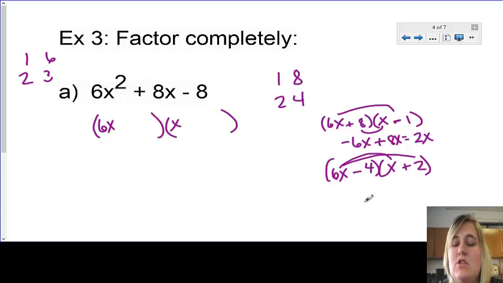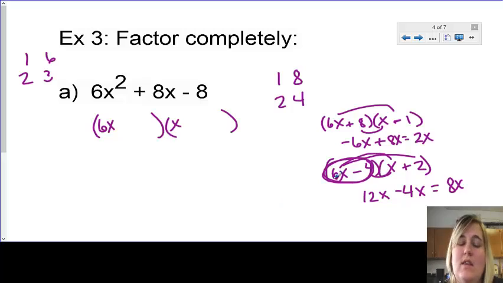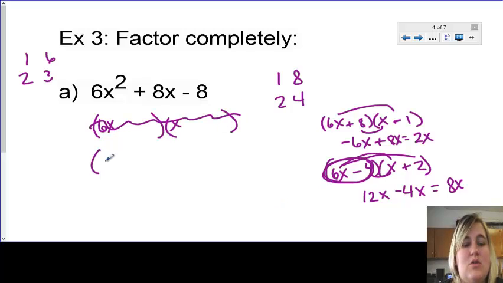So 6x times 2 is 12x, and here that gets me negative 4x. Well, that will get me an 8x. However, this part won't be completely factored. Okay, so since it's not completely factored, we would have to factor a 2 out, and that's not what it's wanting us to do. So let's try to do 2 and 3.